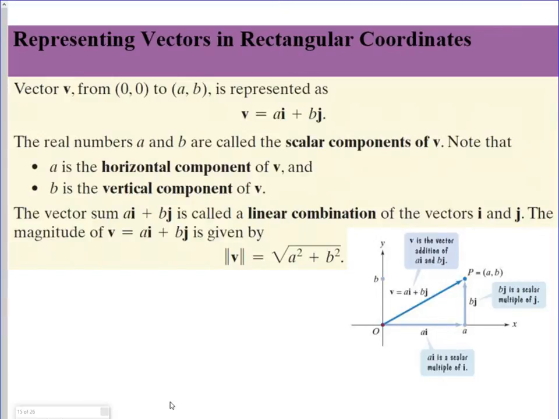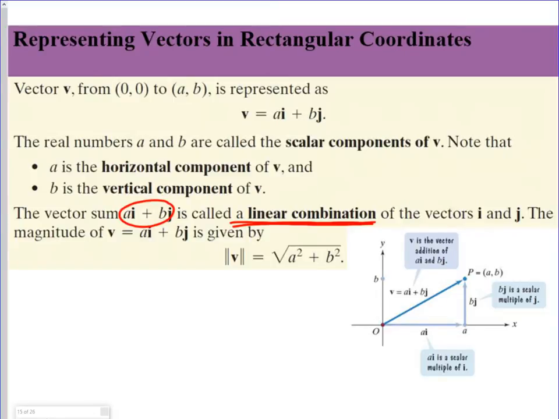Wait, so the same way that you get rectangular coordinates is the same way that you find the magnitude? No, I read it wrong. I was reading the magnitude of v equals, but it says the magnitude of.